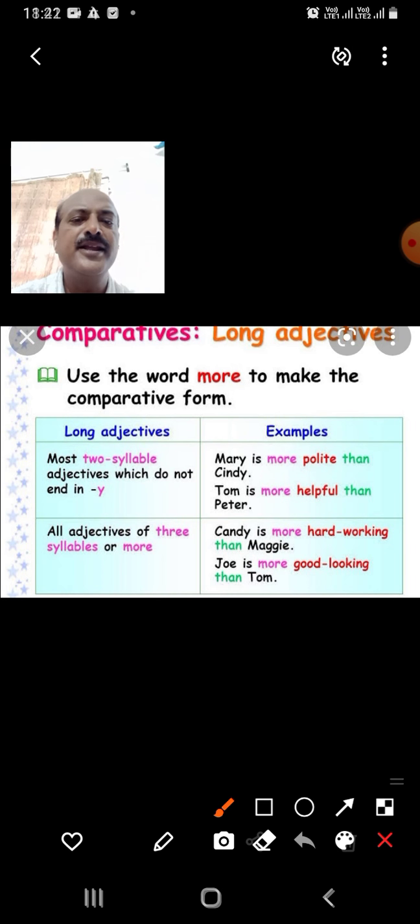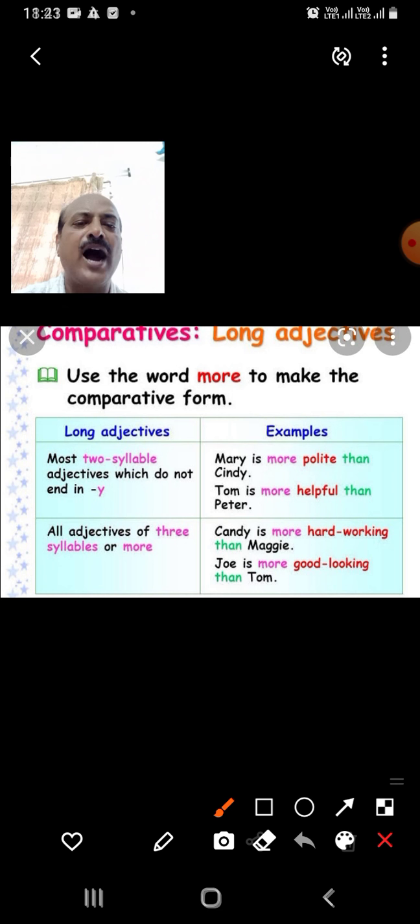E, U. There are two vowels, but it does not end with Y. So Tom is more helpful than Peter. Here we are using more because we are comparing only two persons. Like I explained before also, we use the comparative degree when we compare between two persons, two animals or two things.